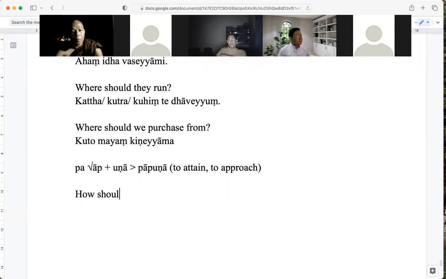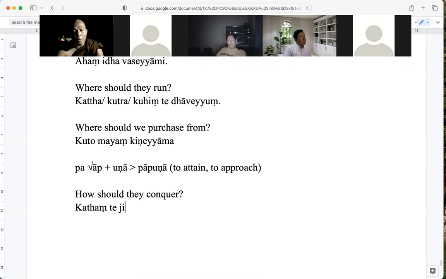How should they conquer? So this is question. So how mean, you know, Gatan, right? Today we learn Gatan, how. Okay, they mean they, and they should mean yo because of they, that was in plural yo.